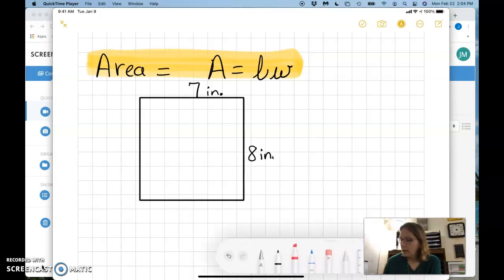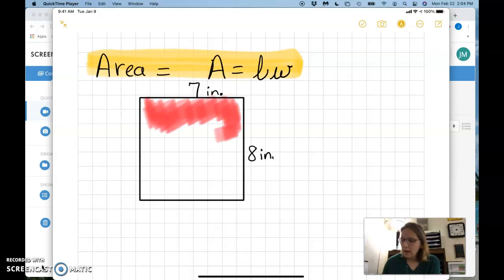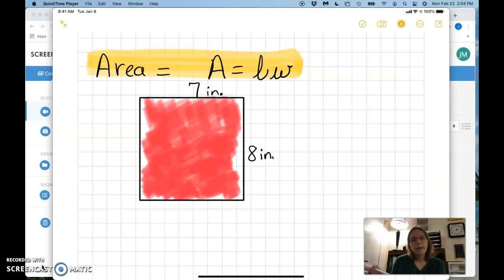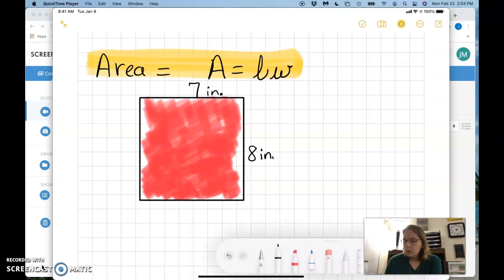Well, remember, area is the space inside of my rectangle. Perimeter is the distance around the edge. Area is all the space inside. So to find out that area inside, how much space is inside, I'm just going to multiply 1 length times 1 width.